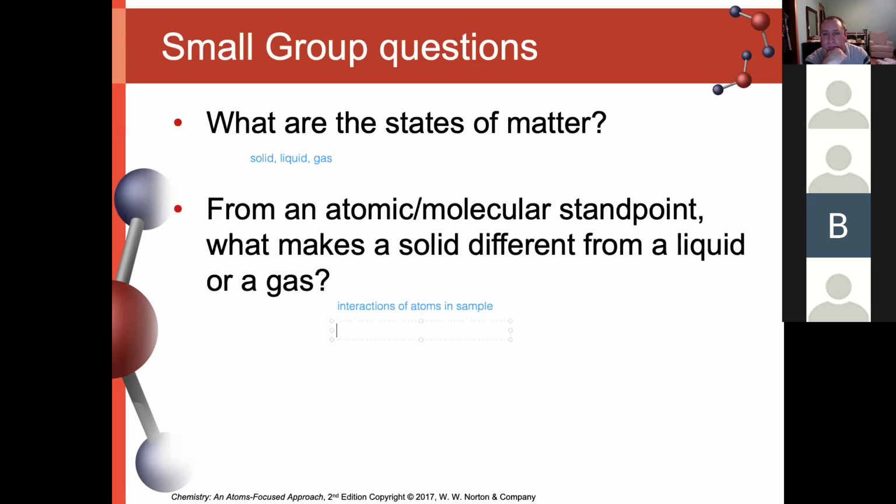If they have an indefinite or a definite shape. Okay. Anyone else want to weigh in?